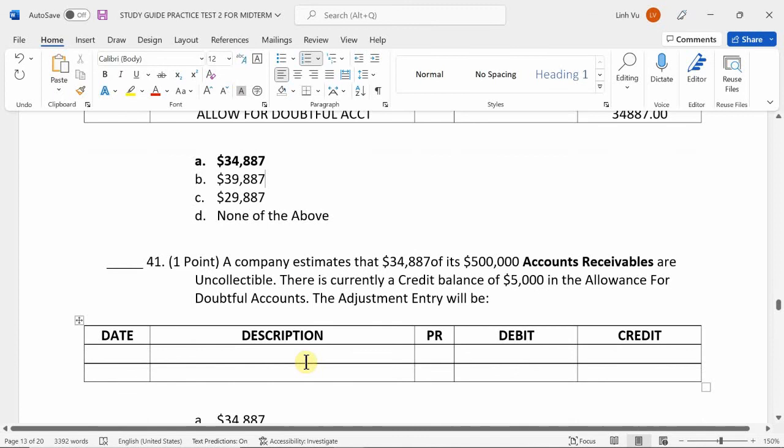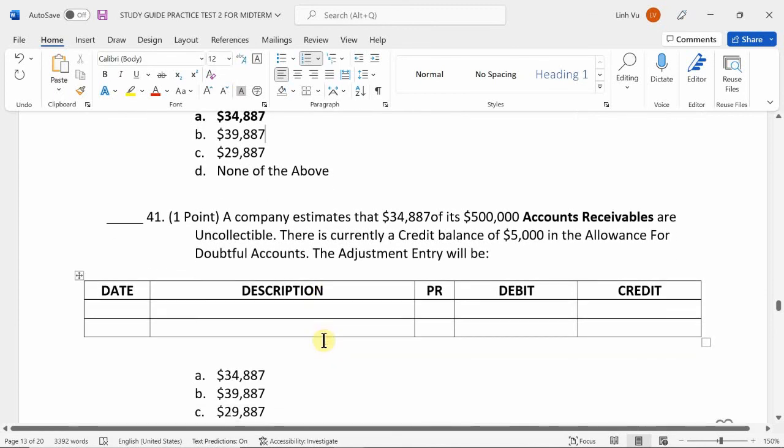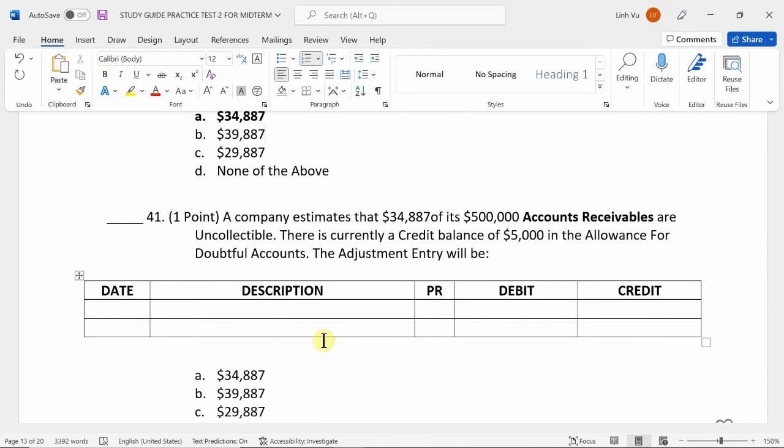Okay, so number 41, same scenario, except a company estimates that 34,887 of a 500,000 accounts receivable is to be uncollectible, and there's currently a credit balance of $5,000 in the allowance for doubtful accounts.